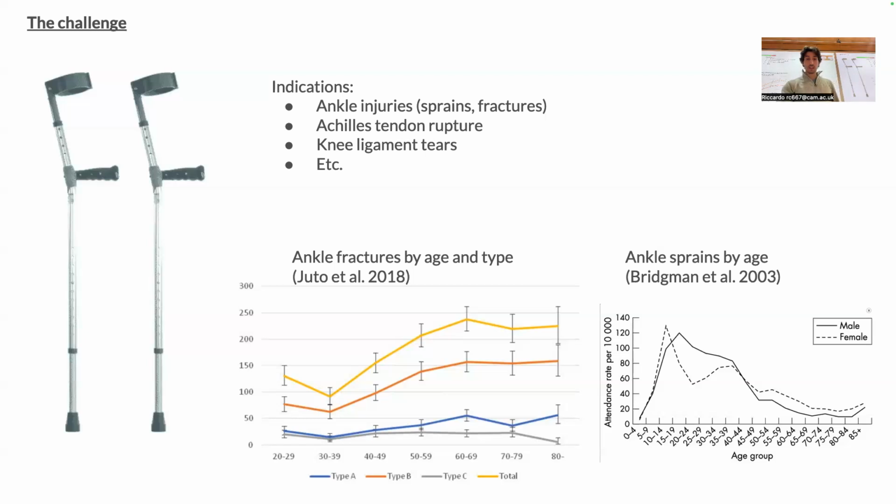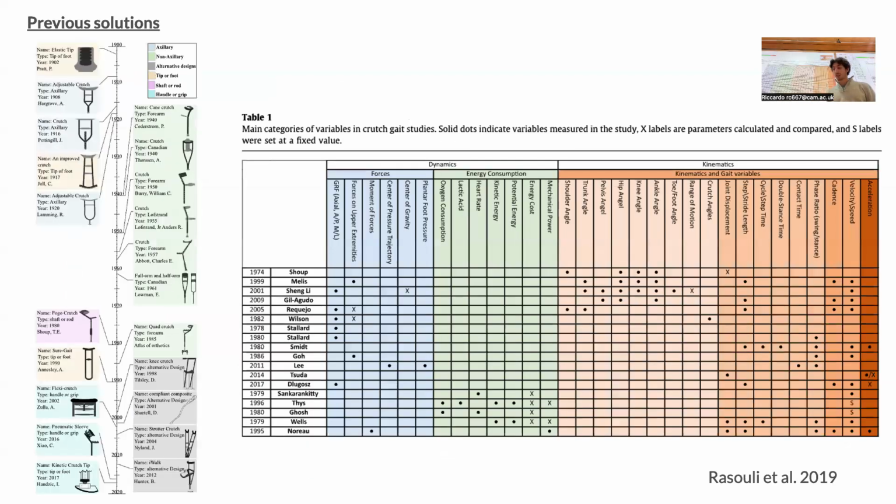Now, the challenge is that these crutches not only haven't changed, really, but cause issues just as much as they help things. So, for example, the historical auxiliary design shown here on the top left corner has well noted evidence of palsy, in other words, a compression of the nerves underneath the armpits.